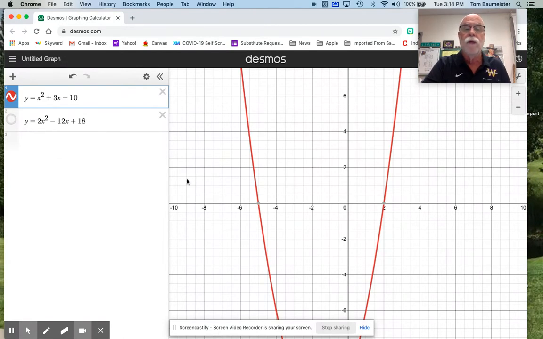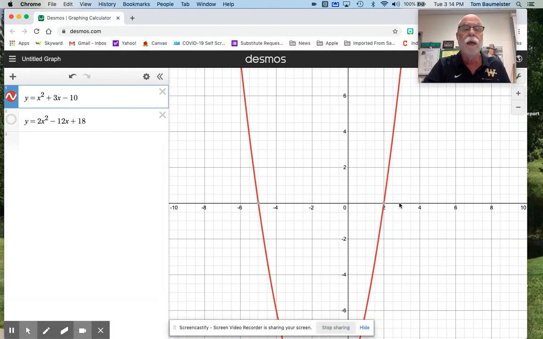All right. So if you look at it now, remember what I talked about earlier, the negative 10 would be our y-intercept. If I keep going down here, you would see that it would go through the y-intercept at negative 10.